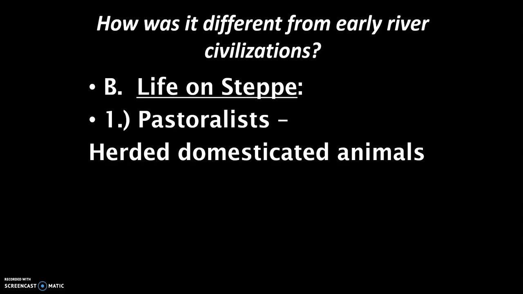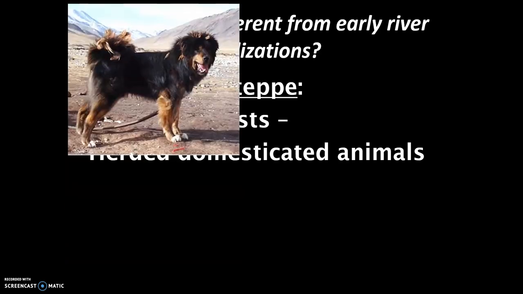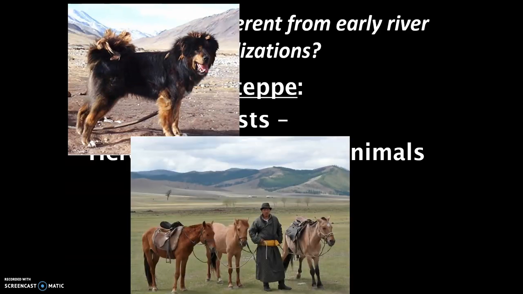So the kinds of animals that the Mongolians domesticated were dogs. They domesticated horses. They were famous for Mongolian horses that were very hardy, living out in the world, in the cold. They were very small, very fast, and really tough horses, still very prized today.